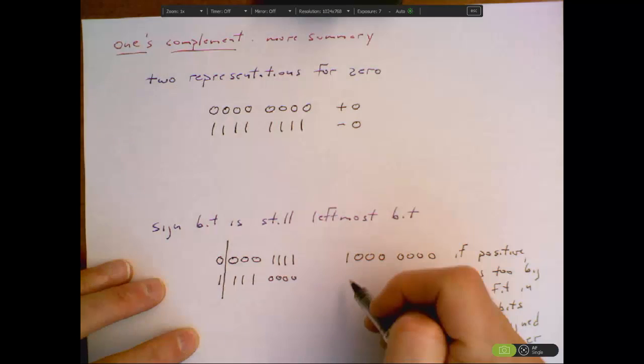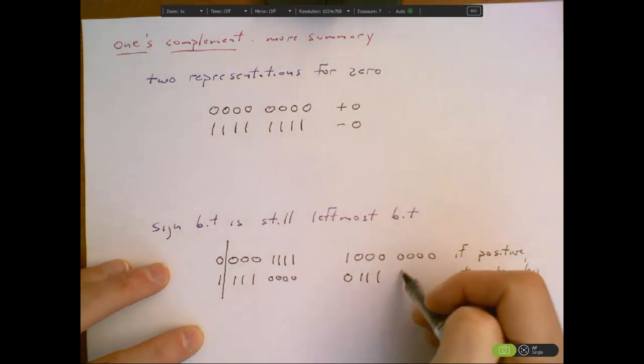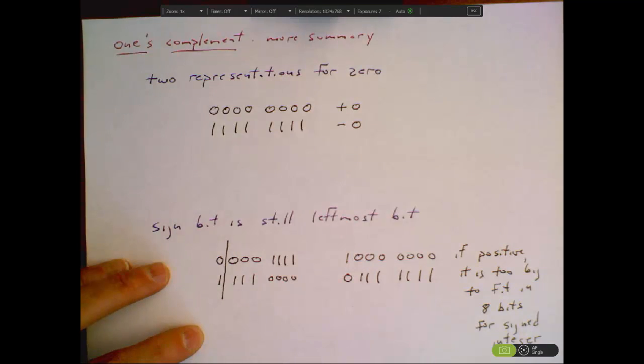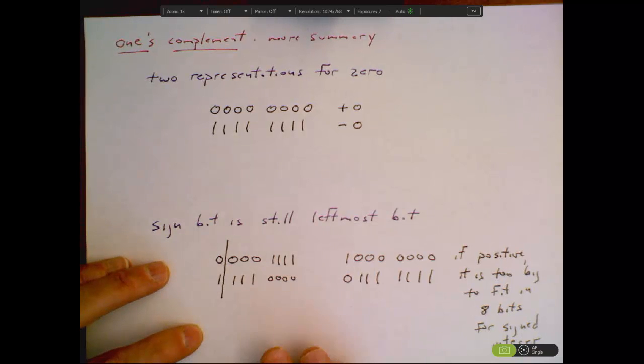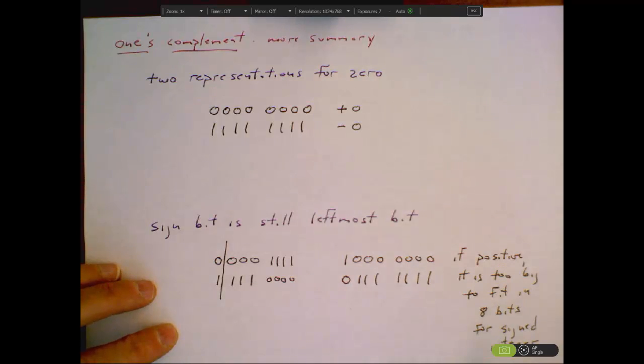Well, let's just complement it, I suppose. If we complement this, okay, it just doesn't make sense, basically. All right. We'll come back to this too big to fit concept in just a minute.